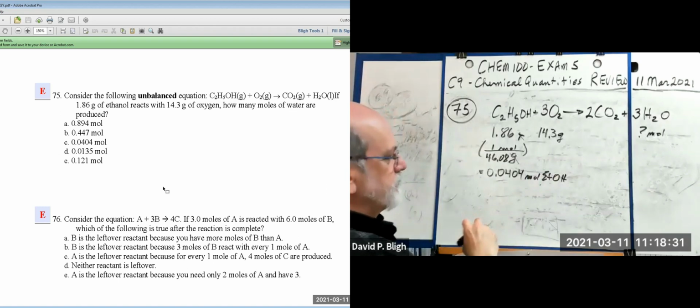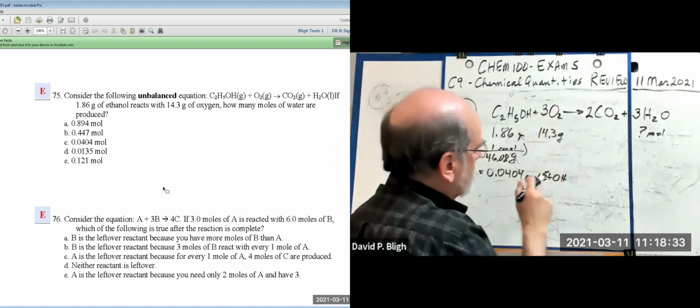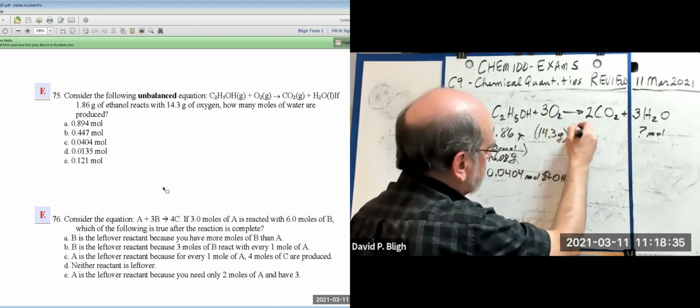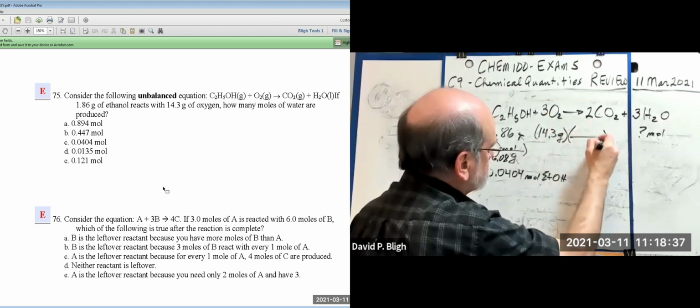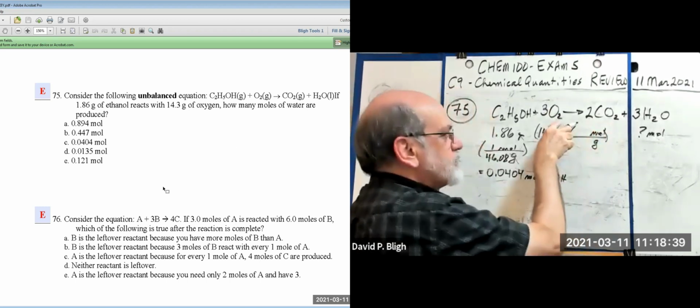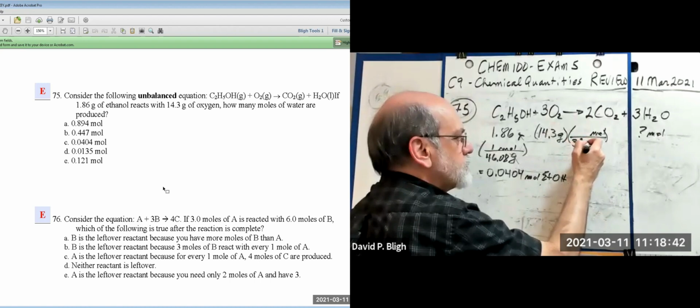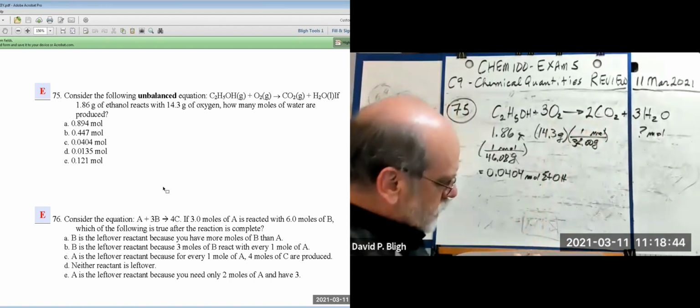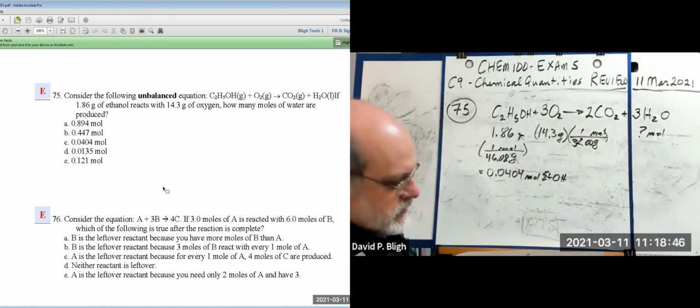Okay. How about this one? How many moles of that are there? Oxygen, 2 of them is 32. So 32 into 14.3 is 0.447.